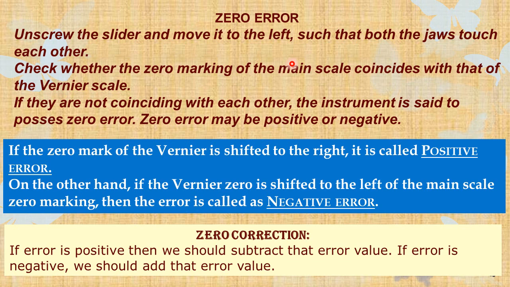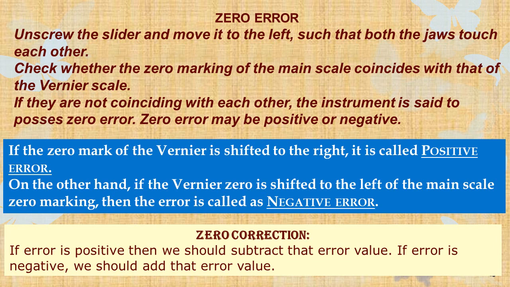Zero error may be positive or negative. If the zero mark of the vernier is shifted to the right, then it is called positive error. On the other hand, if the vernier zero is shifted to the left of the main scale zero marking, then the error is called negative error. Now let's see what zero correction means.